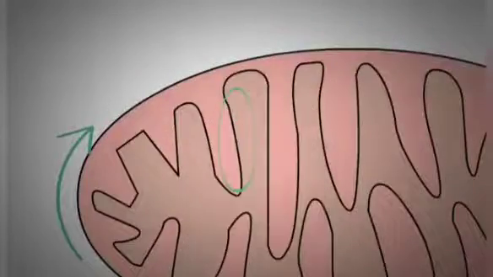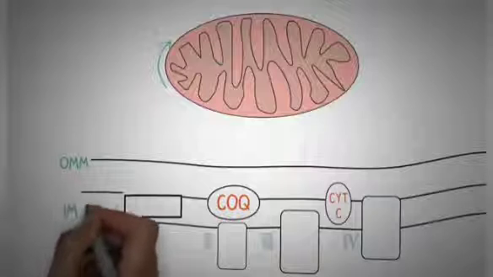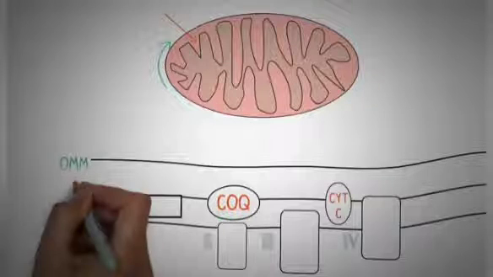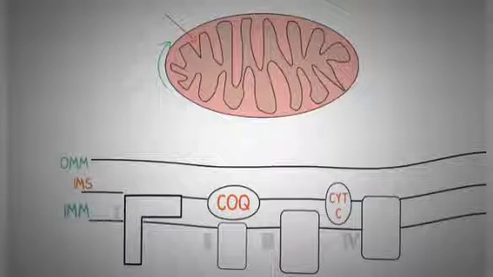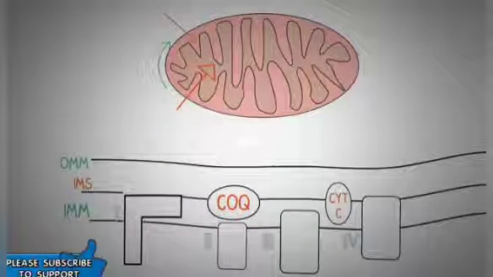On the inside, we have the inner mitochondrial membrane, which is represented by the space between the bottom two lines of the illustration. The space between them is the intermembrane space, and the space inside the mitochondria is the matrix of the mitochondria.